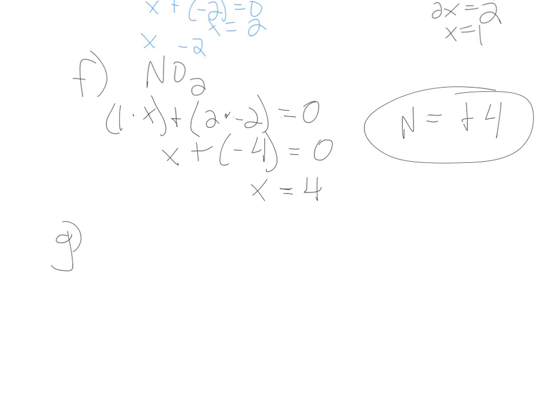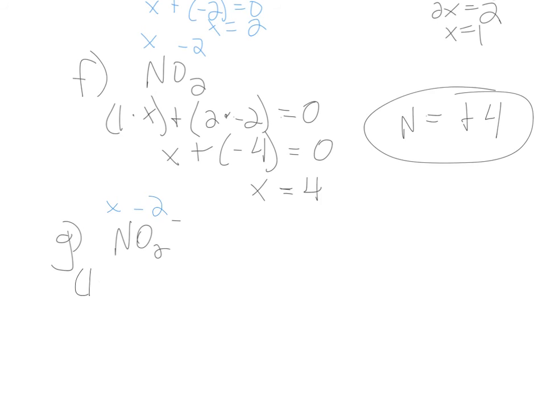Part G, very similar to the previous few. Now we have a non-zero overall charge. So here the overall charge is -1. But we're going to follow the same general process. Give oxygen its normal charge based on position, and we'll solve for nitrogen.